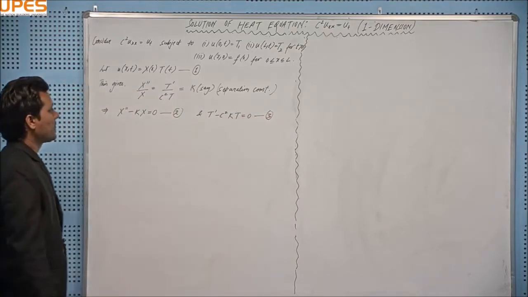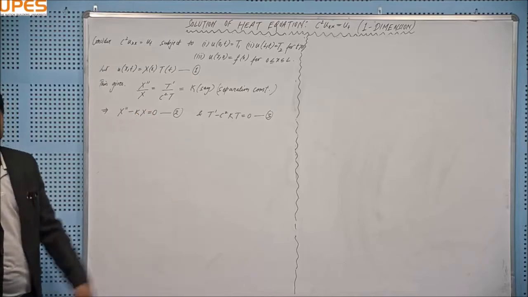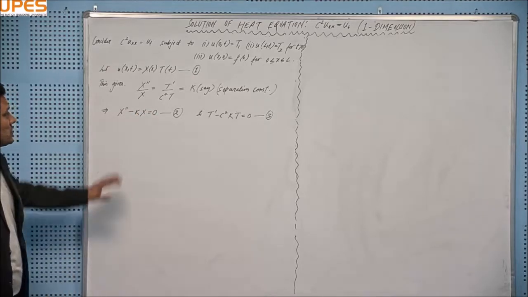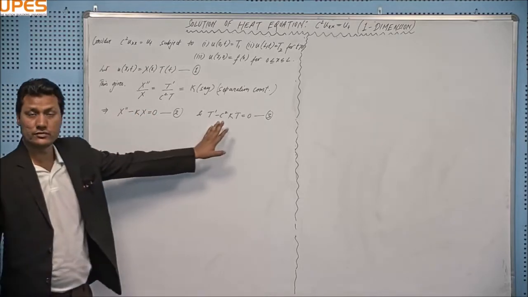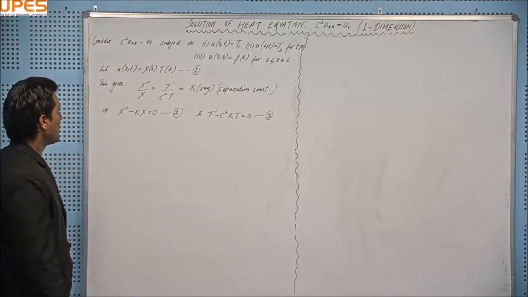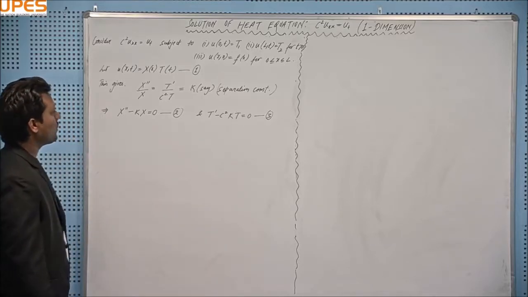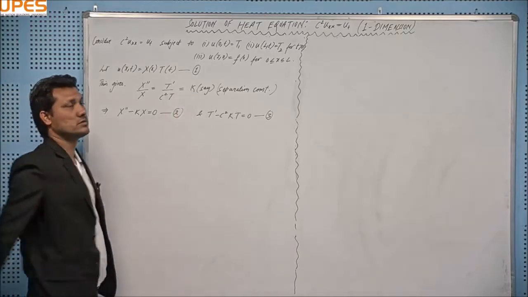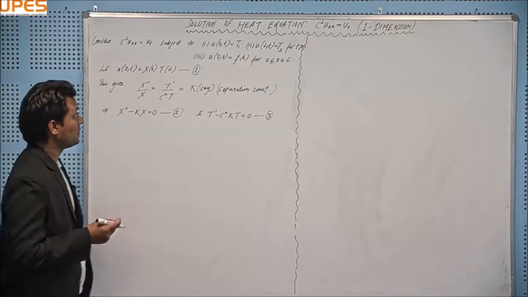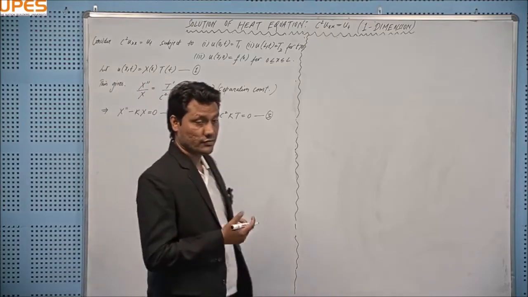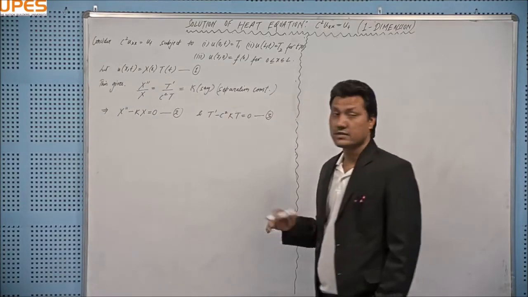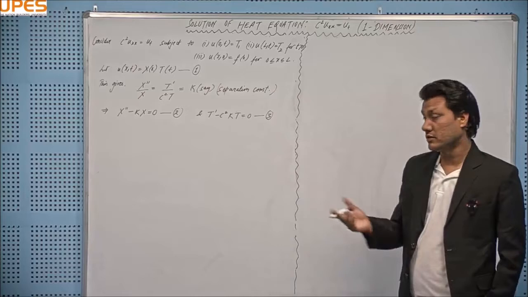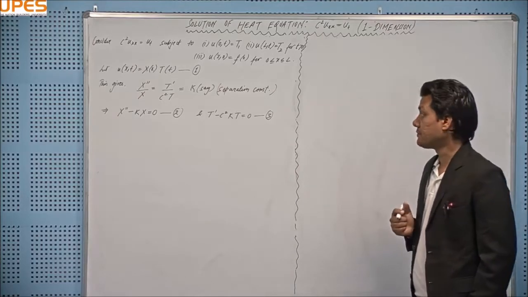Fine. You can easily solve these two equations as they are ordinary differential equations. This is of second order and this is of first order. Now I am going to discuss the sign of this separation constant. As you have seen in our last videos, the sign of k plays a significant role in the solution of this heat equation.